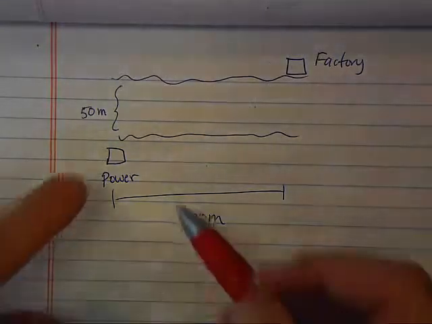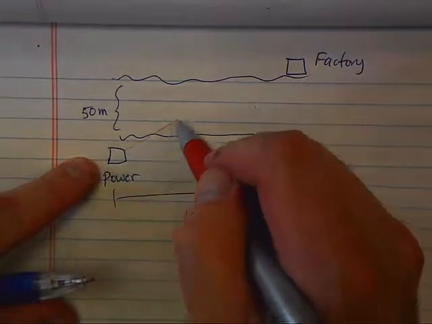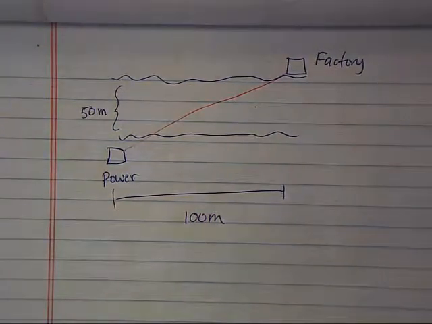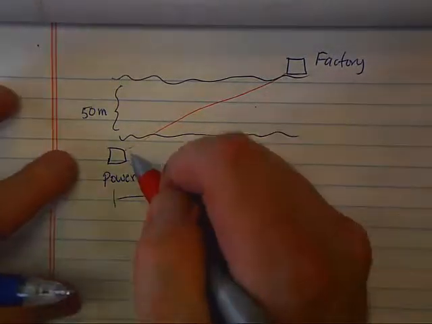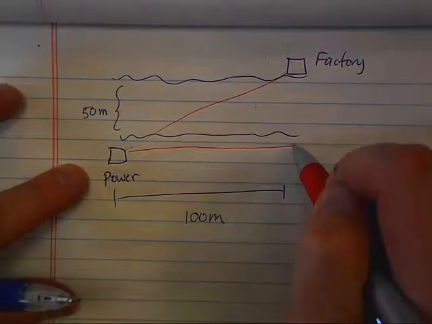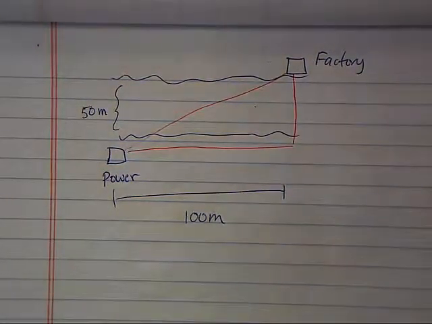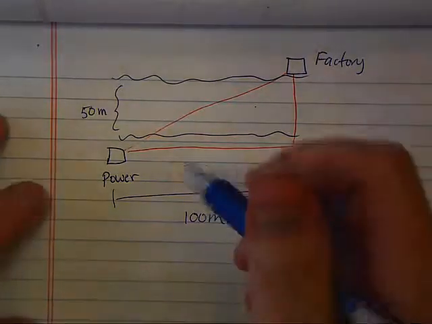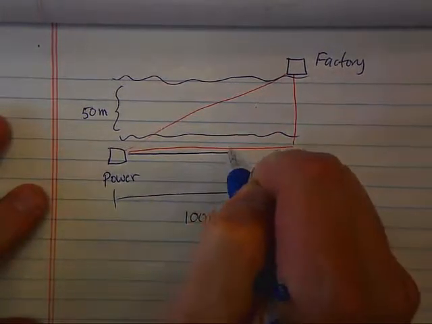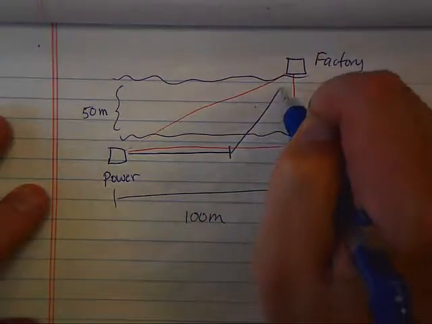One possibility is we simply lay the cable diagonally right across the river like that, correct? What's another possibility? You go all the way down the river and then straight across. Or the third possibility is you come down somewhere in between and then go diagonally across.